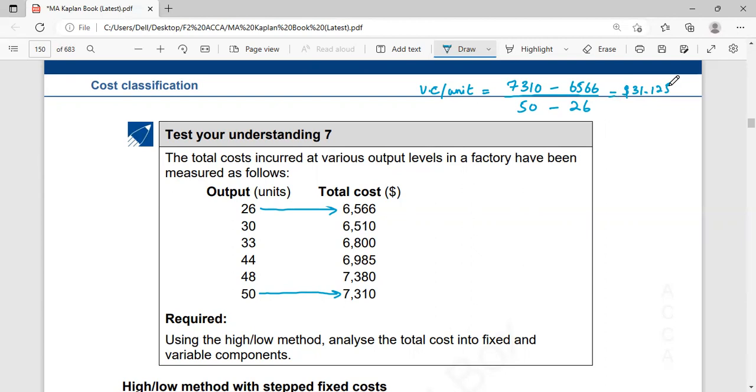It will give me 744. It's 31. Yes, it's 31. So this is my variable cost per unit. And the next step, I have to calculate what? Fixed cost.